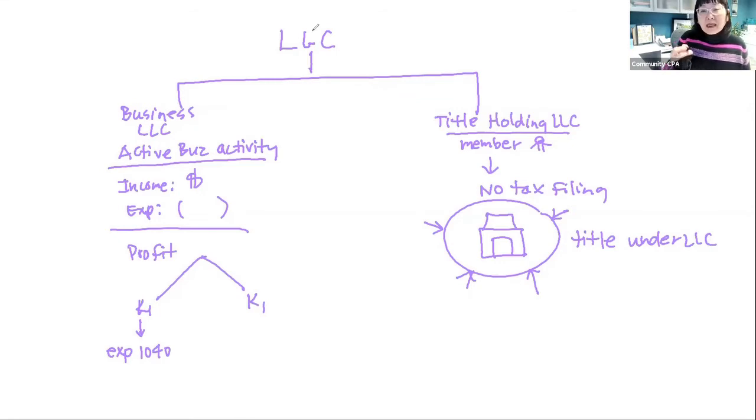So let me give you an example. What do you mean by that? Okay, what I mean is you have an LLC owned by a person, by a company, and also by a foreign entity.